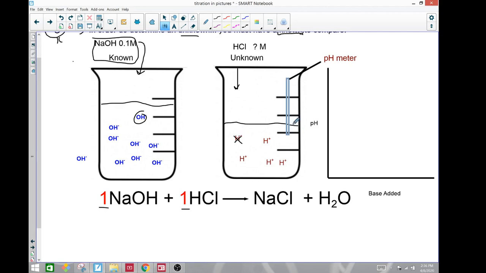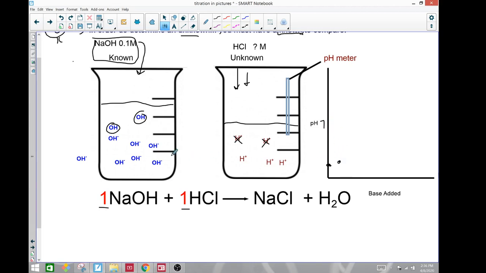Now my pH meter is showing very acidic right now because I have all this acid here. So let's just say this is my first point right here. And then as I'm dropping in my liquid, these get taken out. This one drops in, and we knock out another one. And of course, with base added, the pH starts to approach neutral because I'm losing acid. Let's say that's neutral.